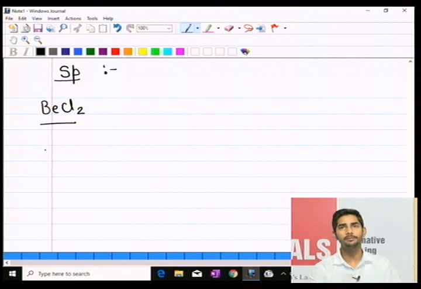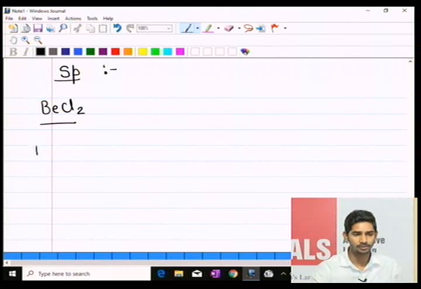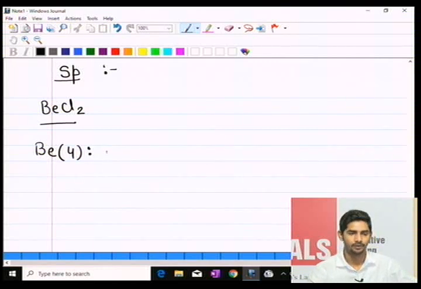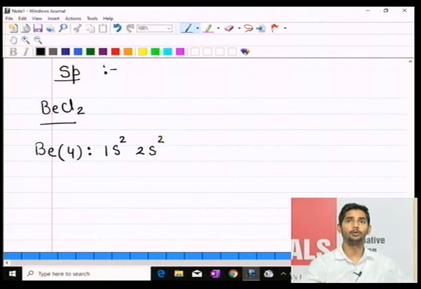Definitely beryllium is the central atom. Its atomic number is 4, and its electronic configuration is 1s2 2s2.